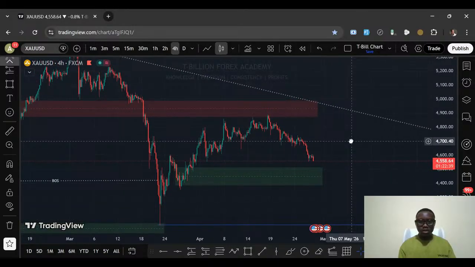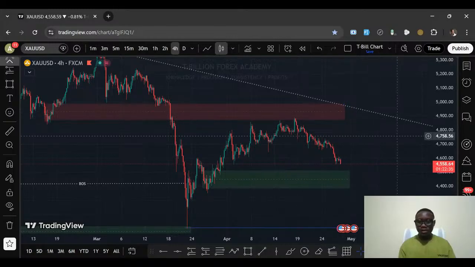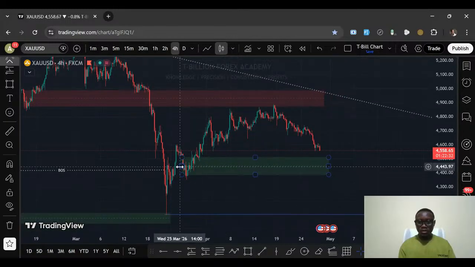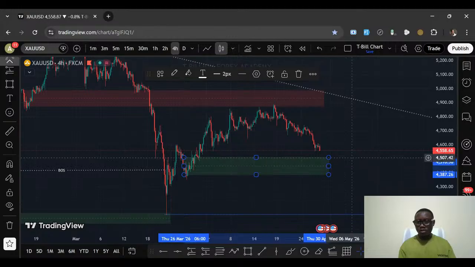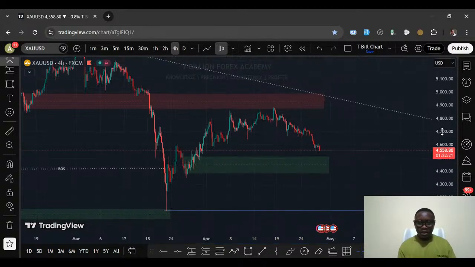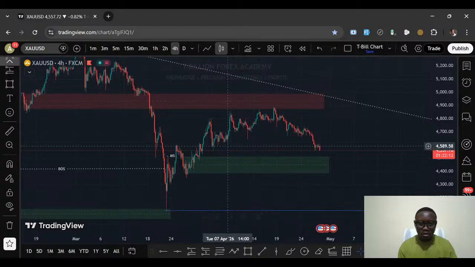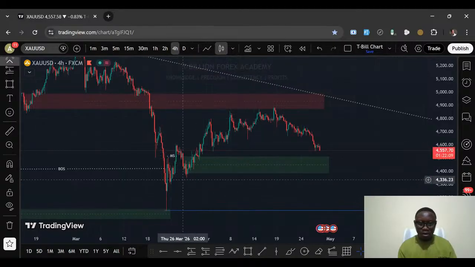On the 4H, yes, this breaker block aligns with that of the daily time frame. And this is our bullish order block zone as drawn from the daily time frame. Let's look at the structure. We got this market structure shift right here, this MS, and here is our inducement.